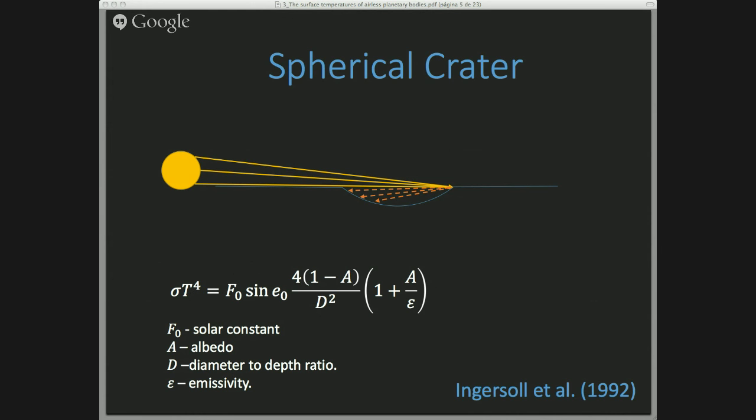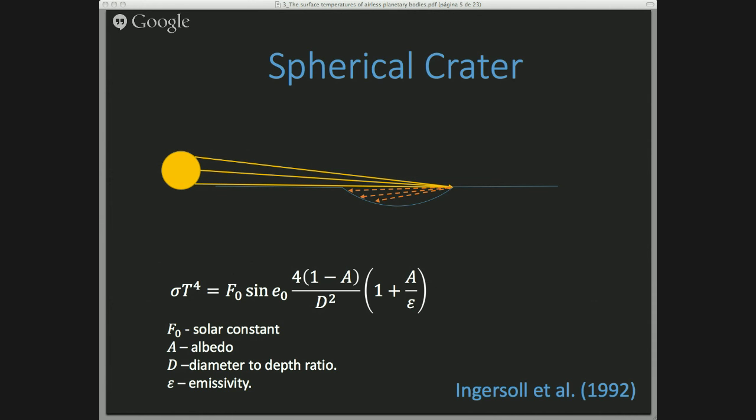So okay, the problem with the Ingersoll solution is that it's only good for spherical craters, and what we're trying to do is to come up with a 3D numerical model and combine an efficient heat diffusion algorithm. And I know I can use profanities here, so I'll use Crank-Nicolson.